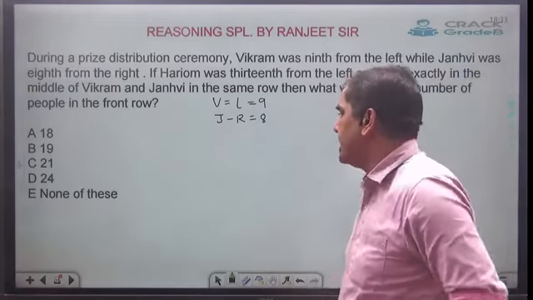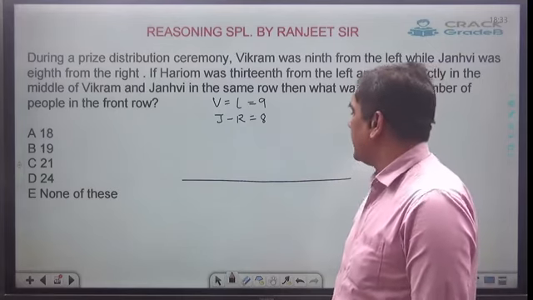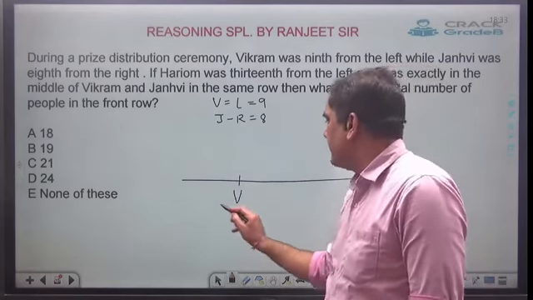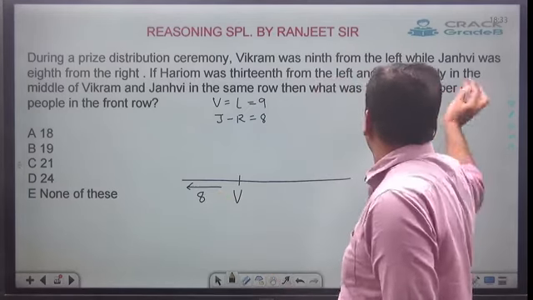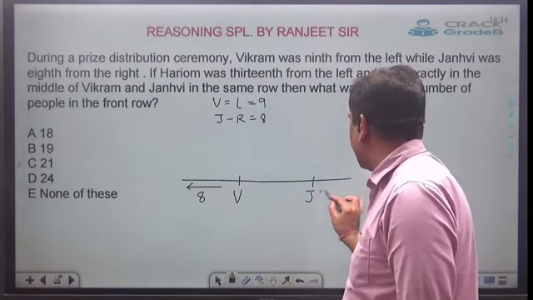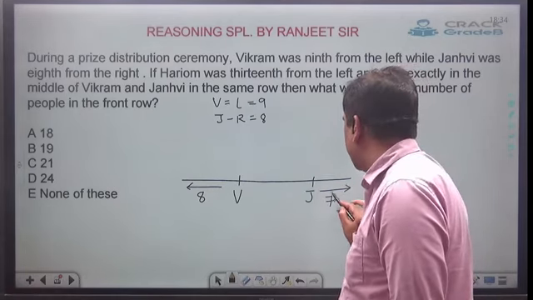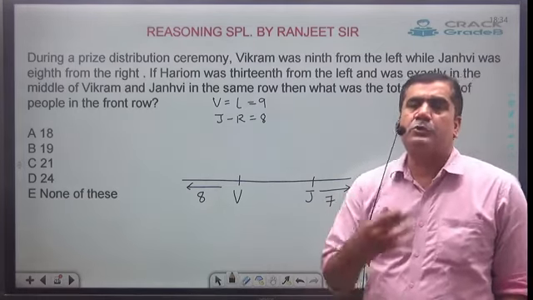So let's go for this one. Vikram was 9th from the left, so to the left of Vikram there must be 8. While Janvi was 8th from the right, so to the right of Janvi there must be 7. See here we can't calculate case 1 or case 2, because the total is not given.